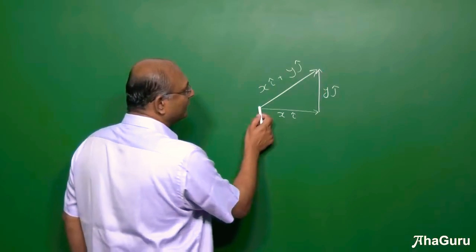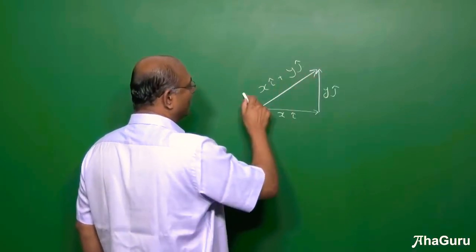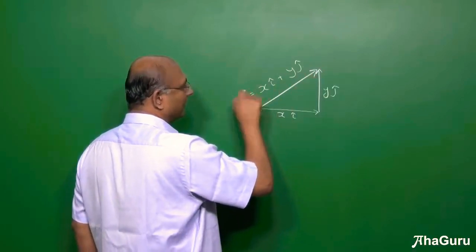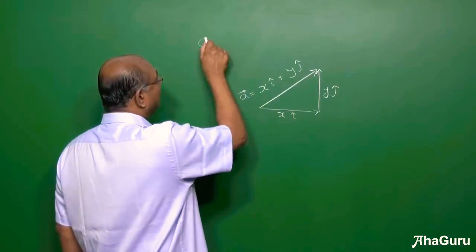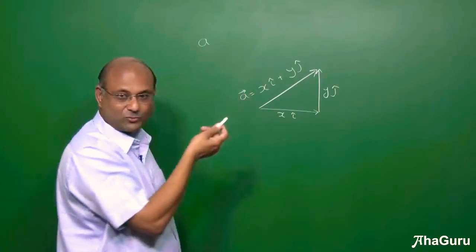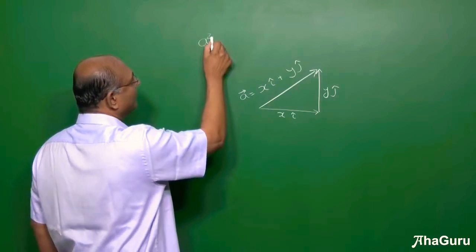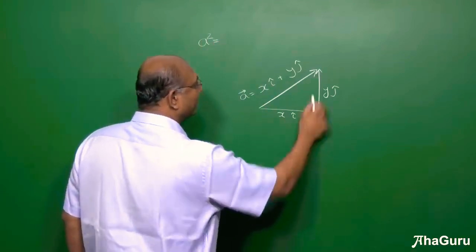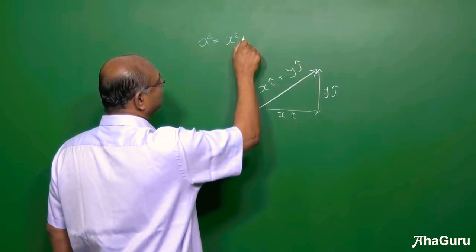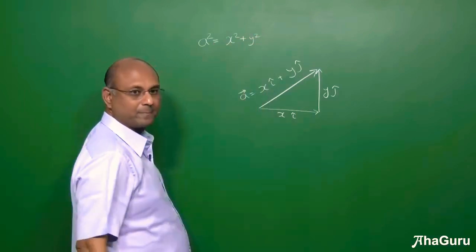Now you know from Pythagoras theorem that this one, let me call this vector A, then the magnitude of A squared, which I am just going to call A square, must be equal to this square plus that square, so x square plus y square.